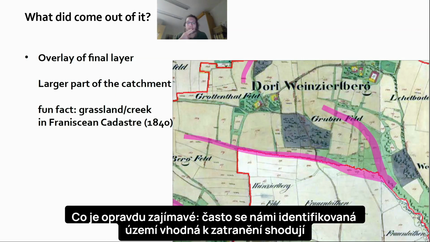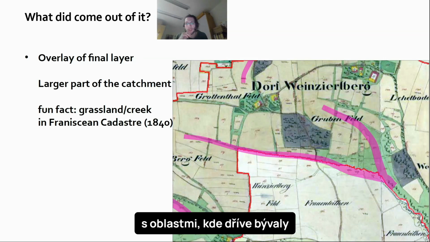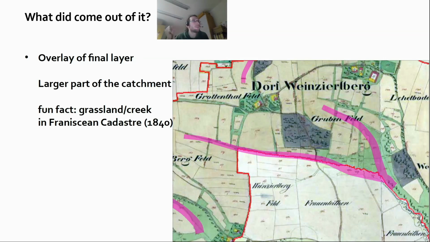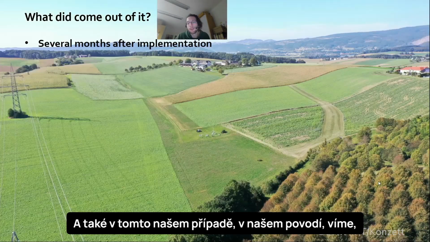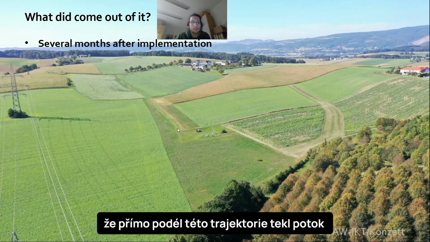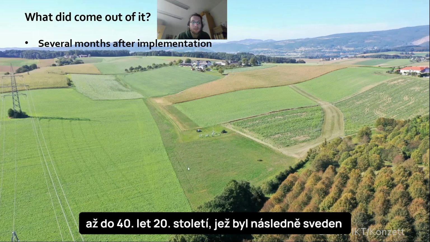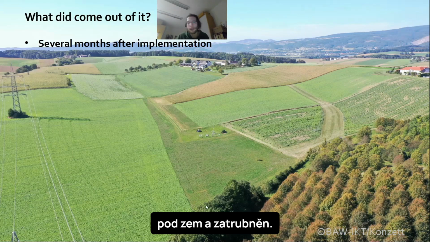And curiously, very often the predictions coincide with areas where there used to be grassland or forest. And also in our catchment, we know that right along this trajectory here, there was an open stream until the 1940s or something, which was put into a pipe and underground.